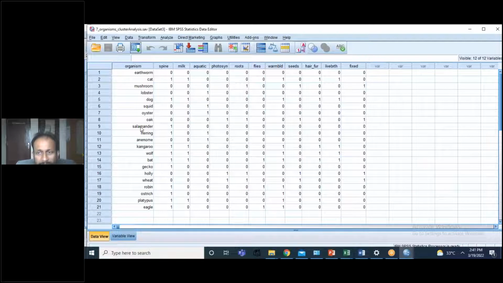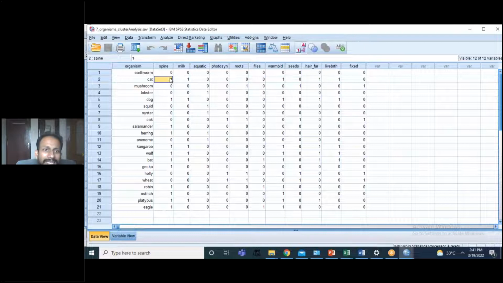For example, earthworm: it does not have a spine, it doesn't give milk, it is not an aquatic animal. If it is no, we give it 0. If it is yes, we give it 1, right? It does not have root, flies, all those things.